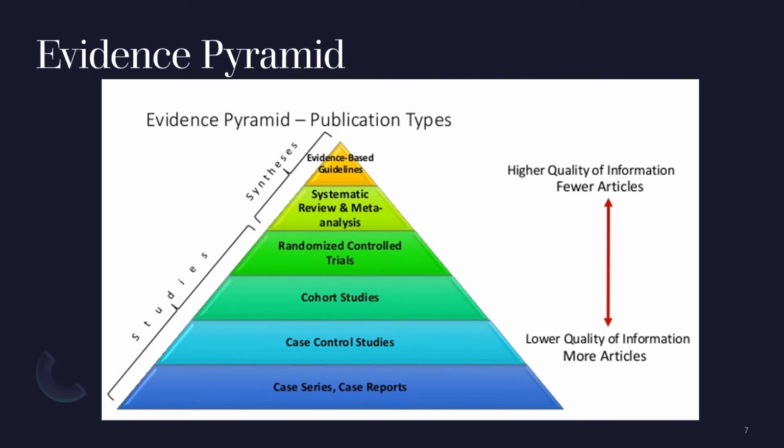At the top, there are fewer articles that meet those criteria because it's more difficult to do a meta-analysis because there may be fewer of those randomized controlled trials to choose from. So you can't do a meta-analysis unless you have more than one study to analyze. At the top of the pyramid, these are syntheses of the best available evidence.